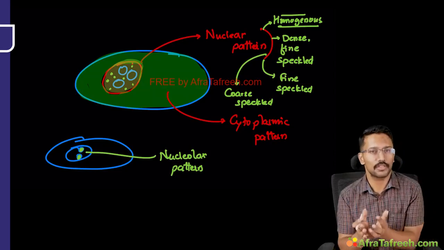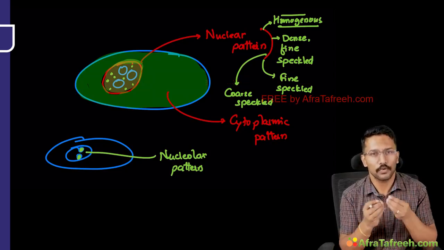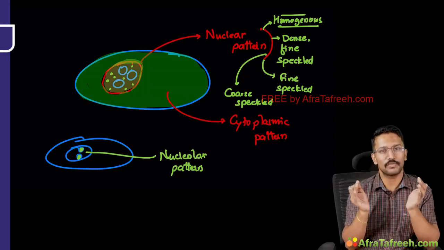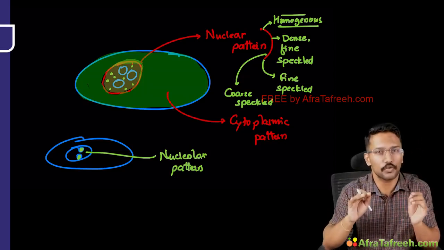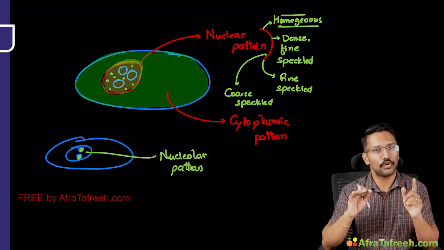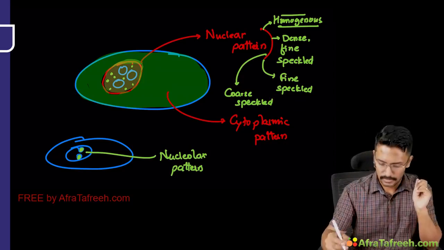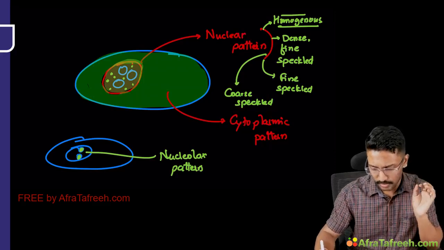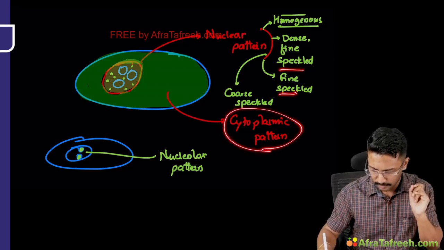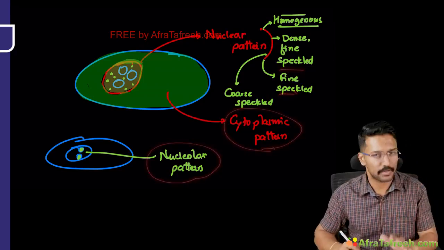Then there is also another region in the nucleus where the fluorescent activity is a little low and the size of the speckles may be relatively smaller. So there is heterogeneity in terms of the size of the speckles, also the fluorescent activity of the speckles. That is what we call coarse speckles. So 4 nuclear patterns, cytoplasmic pattern and nucleolar pattern. Okay, clear?